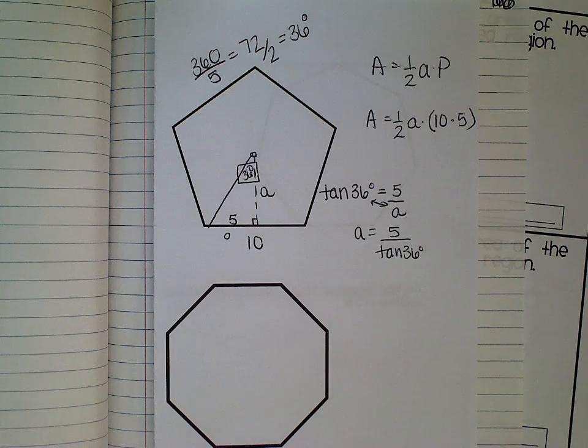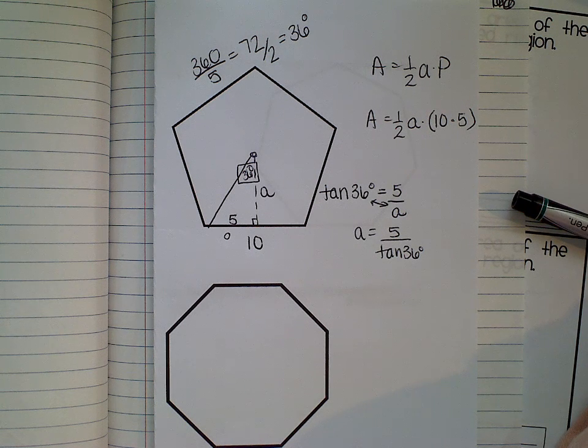So I'm silly and didn't bring my calculator, so I have to bring up Desmos. And I don't know if you guys are going to see this the way that I'm recording right now, but that's okay if you do, no biggie. So let's see. If I type in, we've got to do 5 divided by tangent of 36.